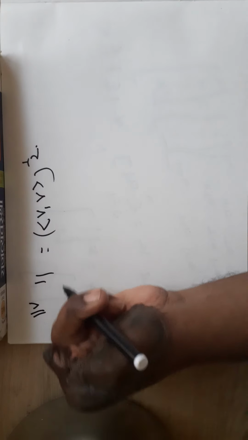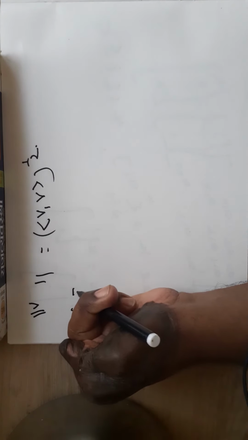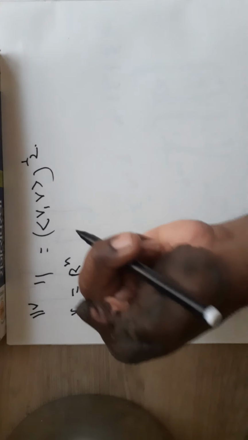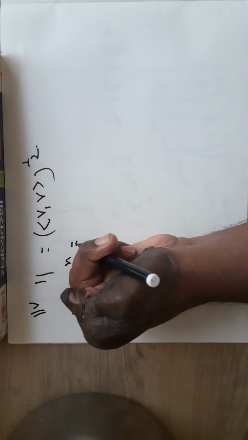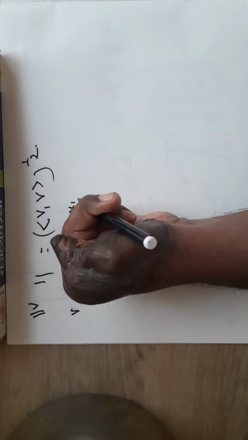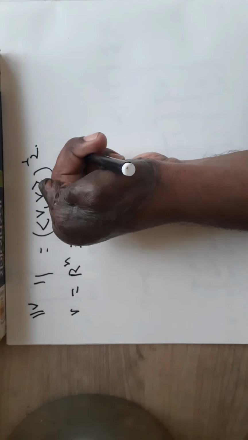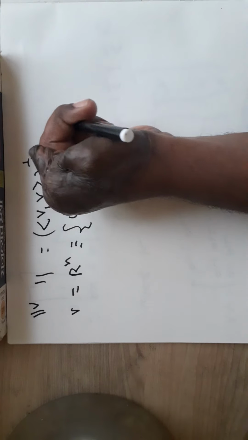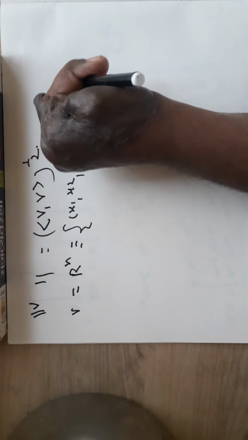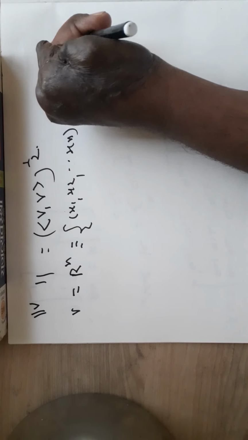For example, V is equal to Rn, the set of n-tuples of real numbers. Rn is the set of elements of the type x1, x2, ..., xn such that xi belongs to R for all 1 less than or equal to i less than or equal to n.